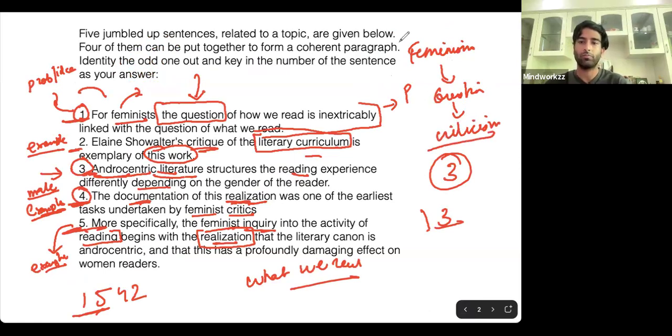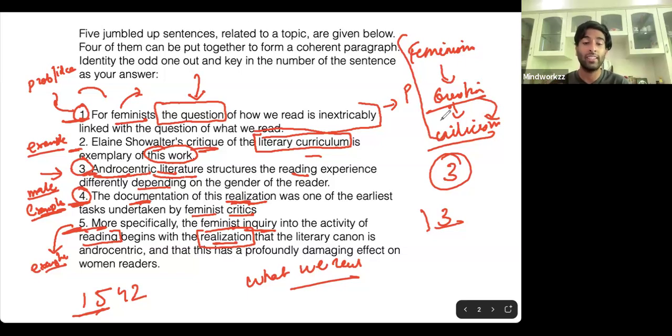That is what I followed. Feminism, they posed a question, and based on that question, what was the criticism or the realization which they came to? That is the structure of this argument, of this paragraph, of the sentences.